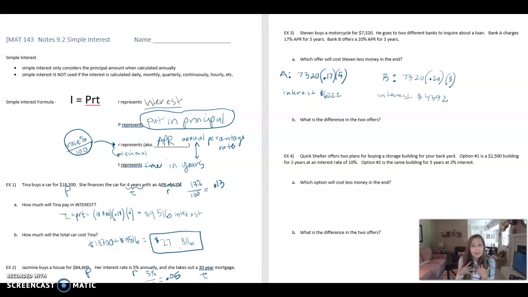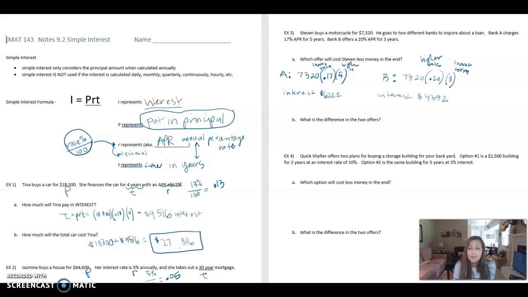I initially thought that Bank B was going to be completely outrageous because their percentage rate was so much higher. It's 20%. So they had a higher rate, this is very important, but it was over a lower term. Term is another word for time. Whereas Bank A had a lower rate, but a higher term.